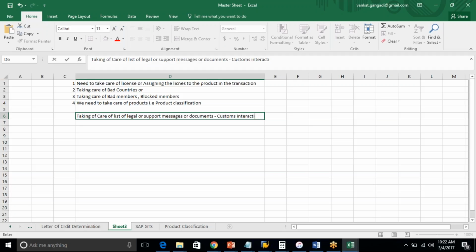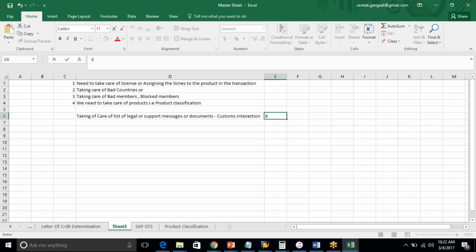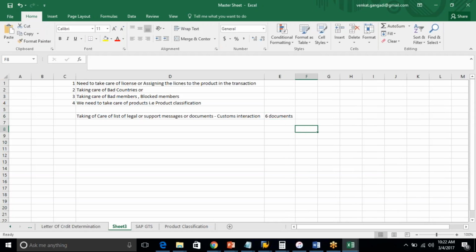Okay, so now you tell me. Let us say I wanted to give a clue. Let us say you understood there are 6 documents that you require. Okay, let us say you confirm with someone else that you need to provide 6 documents.